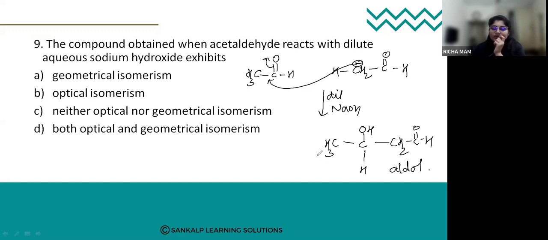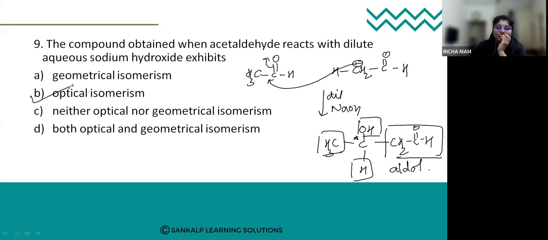How many stereogenic centers are there? This carbon has a stereogenic center, with four different groups. So it will show optical isomerism.